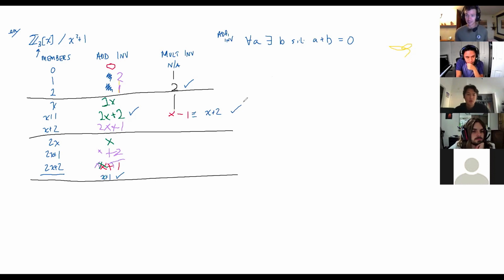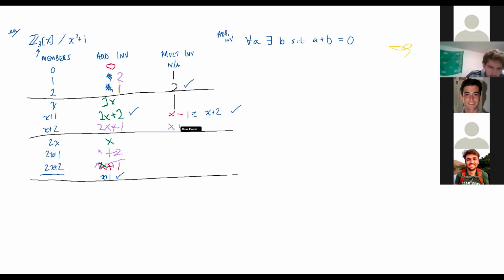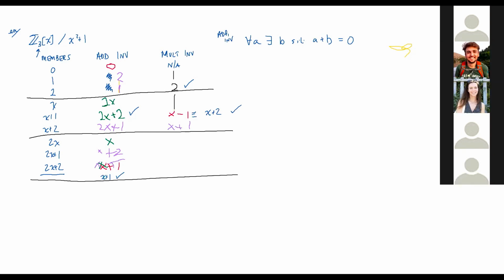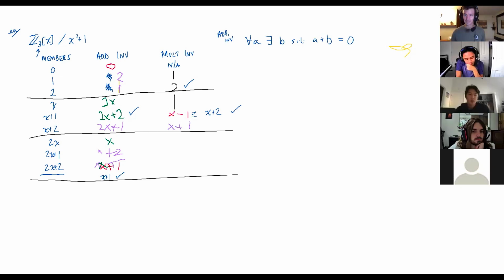Uh-oh, we've slowed down. Good. If x plus 2 is the inverse of x plus 1, then x plus 1 has to be the inverse of x plus 2. Good. This one's wrong. If that was meant to be a 1, that's not true.